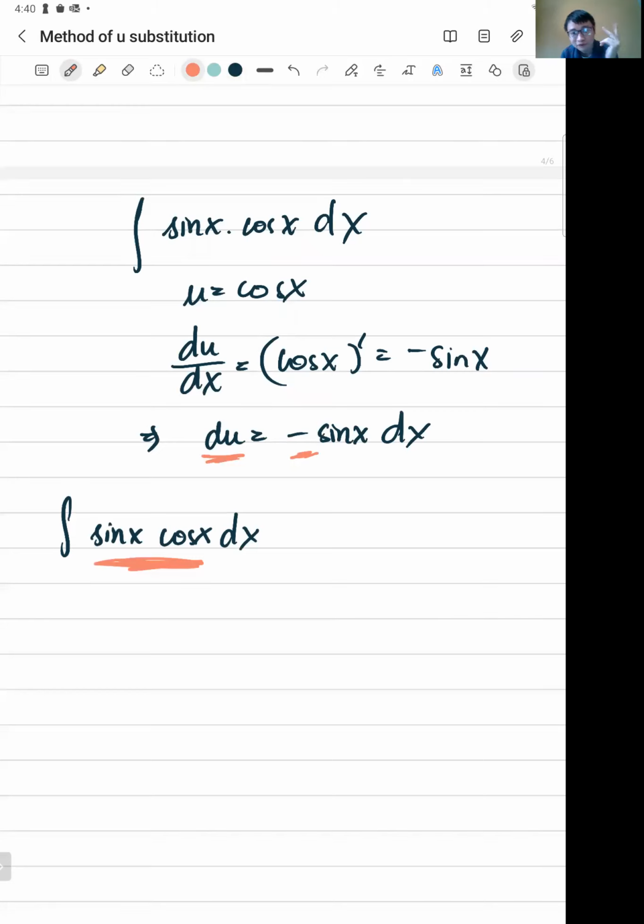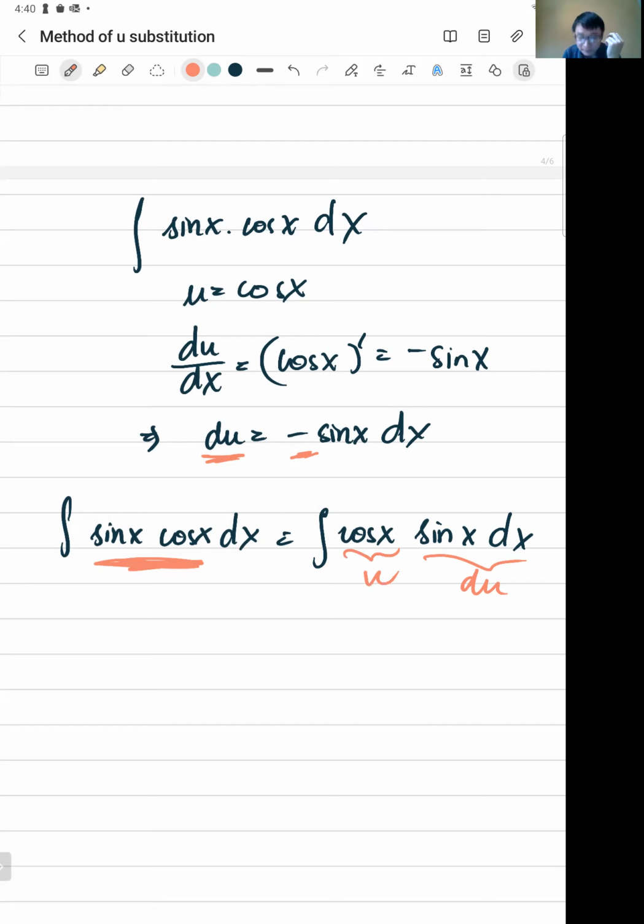So if I have to introduce u substitution, I'm going to rewrite this part, for you to see clearly. This sine of x dx I can write as du, but remember this du here is negative.